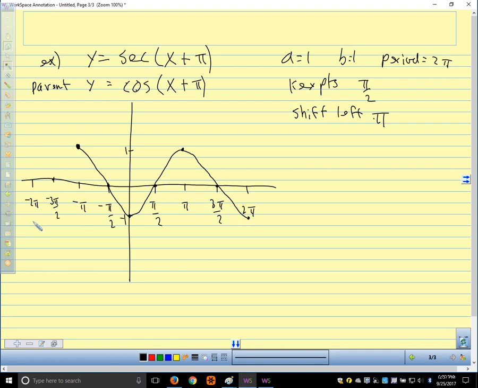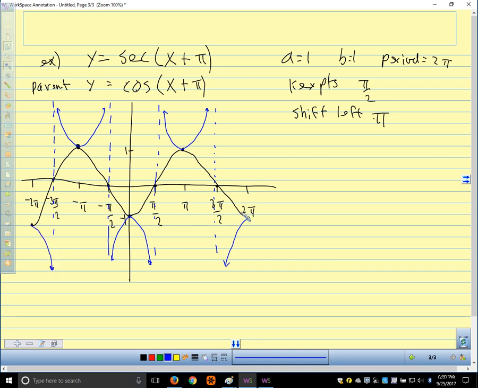And I'll get a couple more here. My asymptotes go everywhere the parent function crosses the x-axis. And then sketch in my function. And there we would have a couple of periods of that secant function.